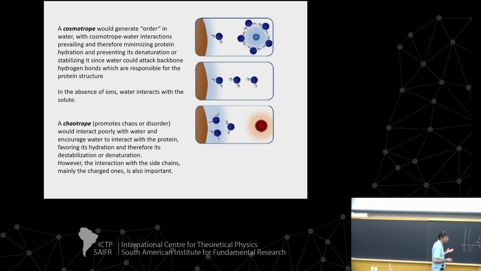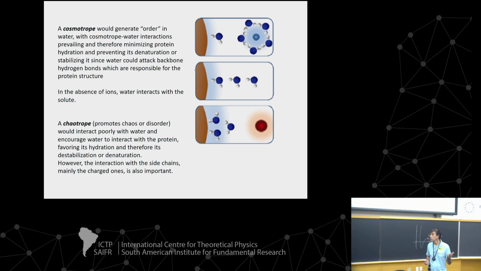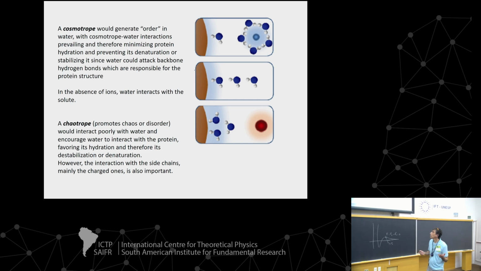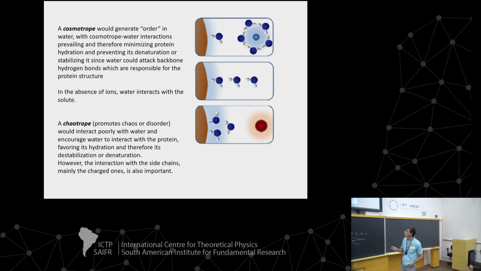Not only the backbone hydrogen bonds can feel this effect, but there is also the effect of the interaction with the side chains of the protein, so that there could be a lot of different behaviors, and the picture is not always so easy as here.